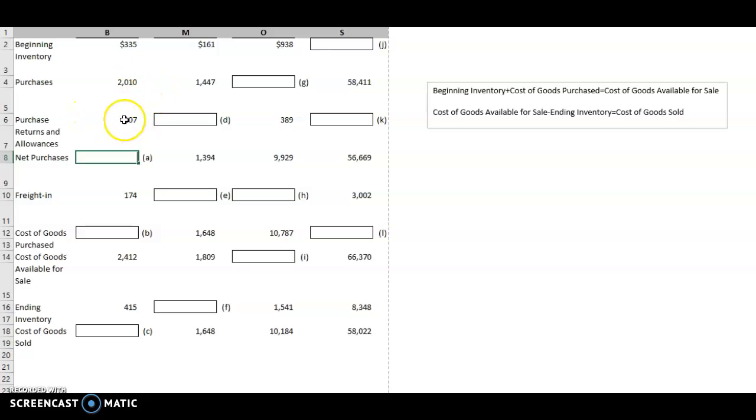So again, that's why we're going to subtract the purchase returns and allowances of 107 from the purchases of 2010. And when we do that, we're going to get 1,903.